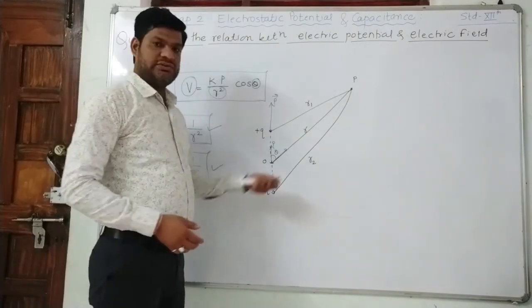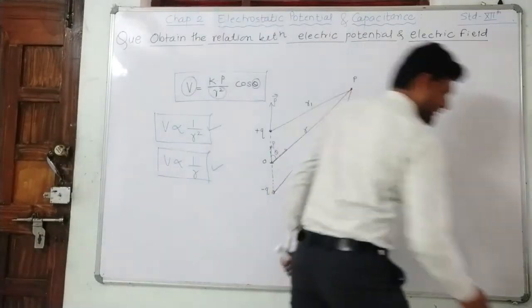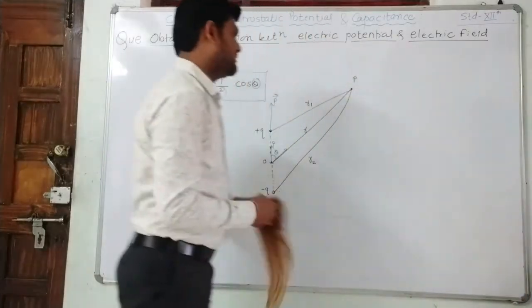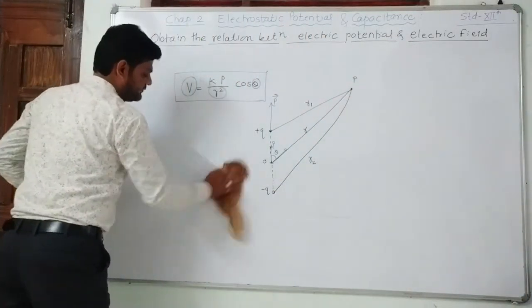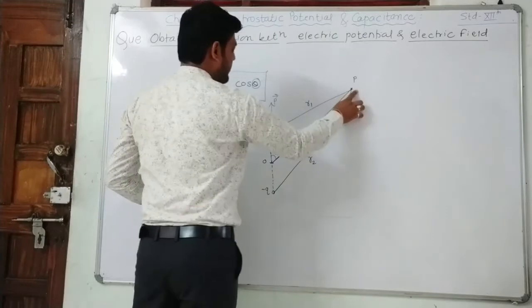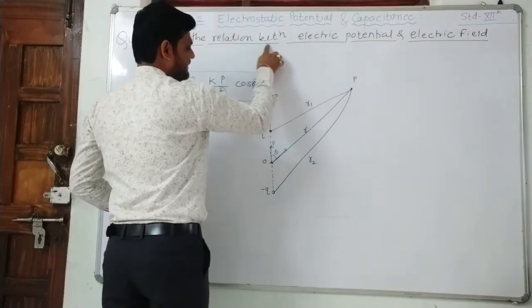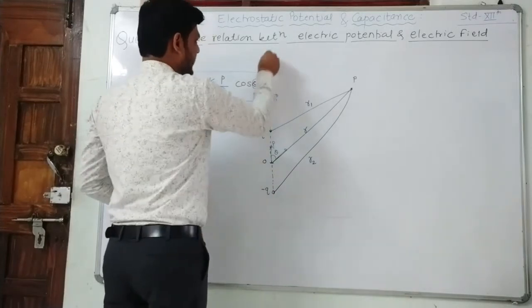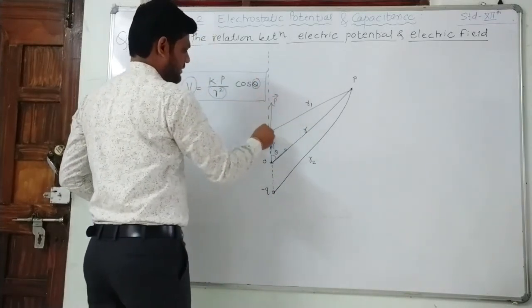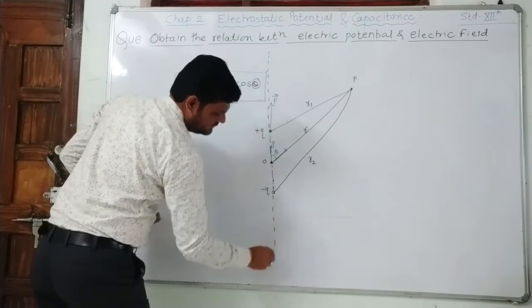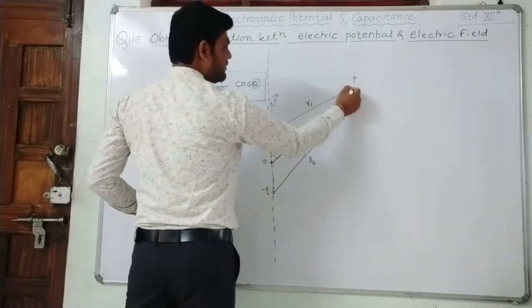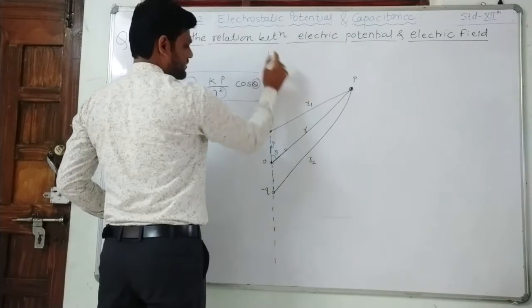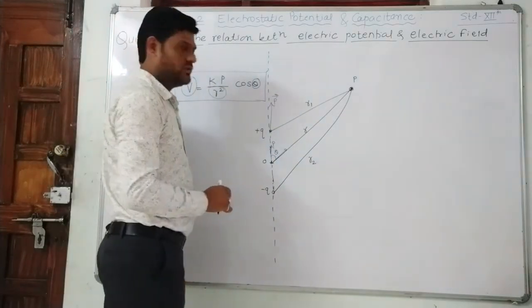Now we are going to see what will happen if the point P is kept on the axis of the dipole. Suppose this is the axis of the dipole. If we keep the point P over here, the angle theta will become 0.